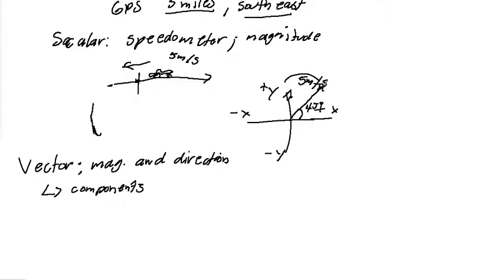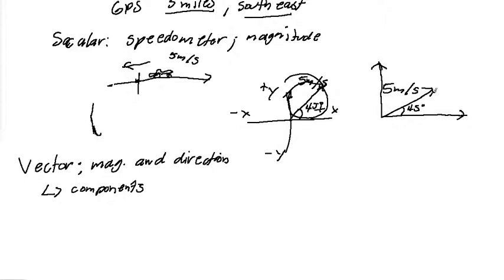Oh, that's a really bad picture. So let's take this out and summarize it on the side. Again, 5 meters per second at a 45-degree angle. And this is the x-axis and this is the y-axis.